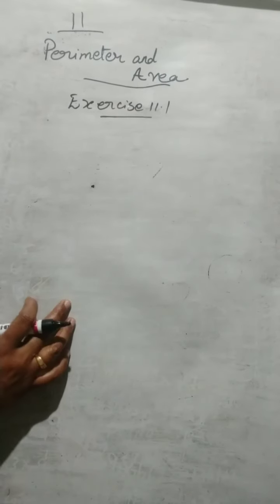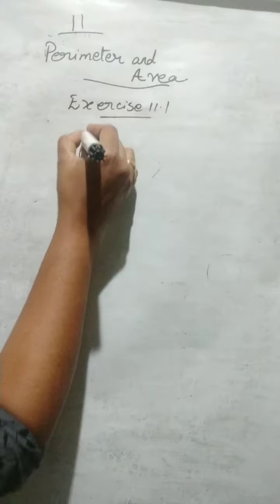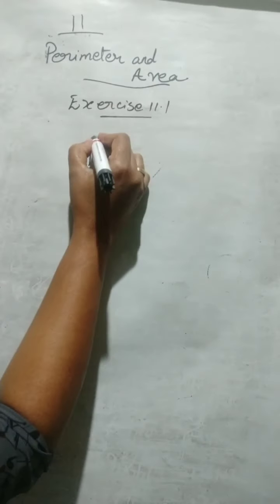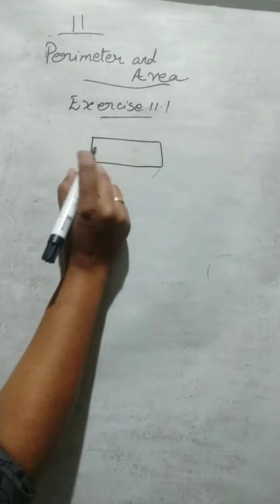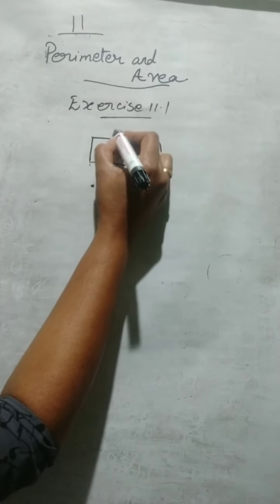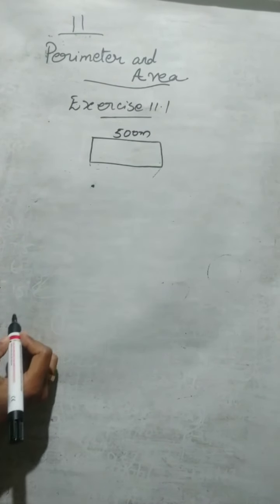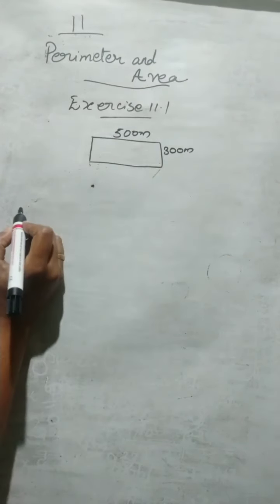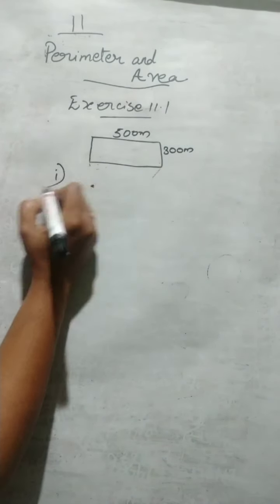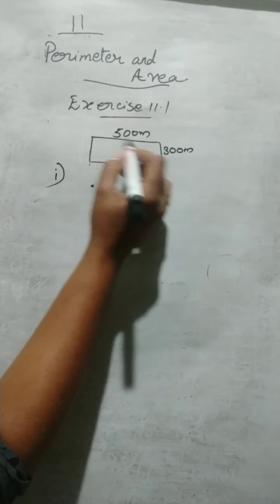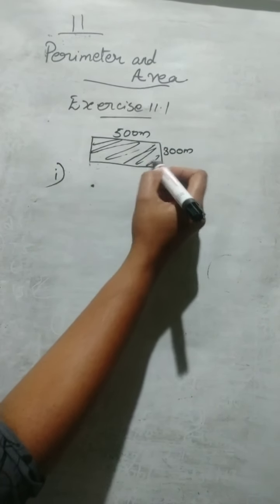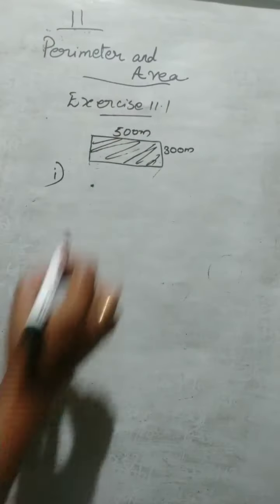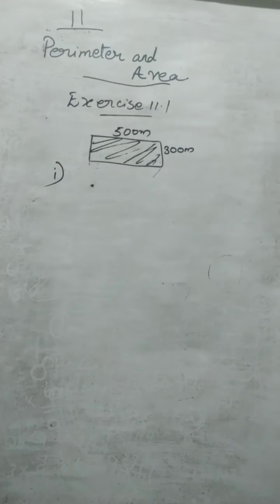What is given? It's given that there is one land. The length of this land is 500 meter and the breadth is equal to 300 meter. Then the first question is we have to find the area of this land. That is the space occupied inside this boundary.